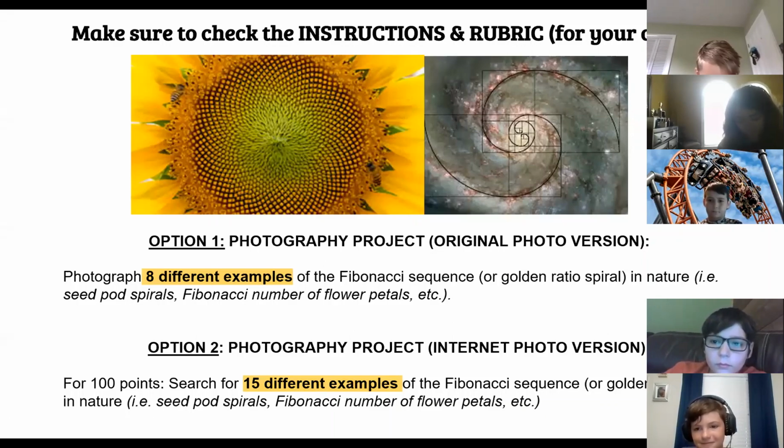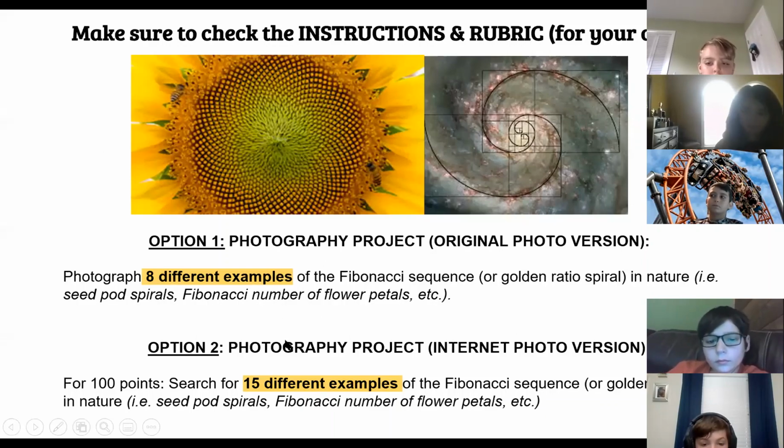There are 2 options on the Fibonacci project. There's your own photography, which if it's all your own photos, you only need 8 examples. Since finding photos on the internet is so easy, you need 15 different examples if you're using internet photos, which is option 2. Everything else is the same; the only difference is the number of photos you need.